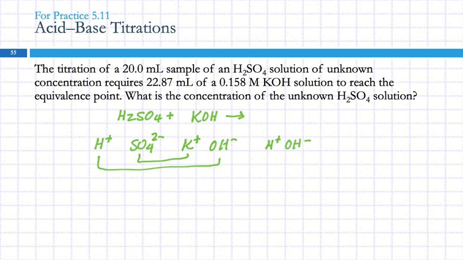Water. And then I've got K+ and SO4 2-, and what compound would that make? It has to be neutral. If I put one of each of these, I'm not going to have a neutral compound. It needs to be K2. So K2SO4.